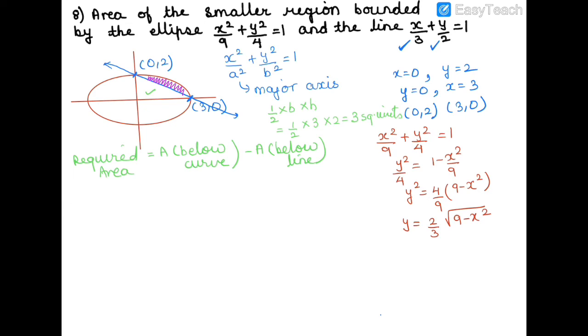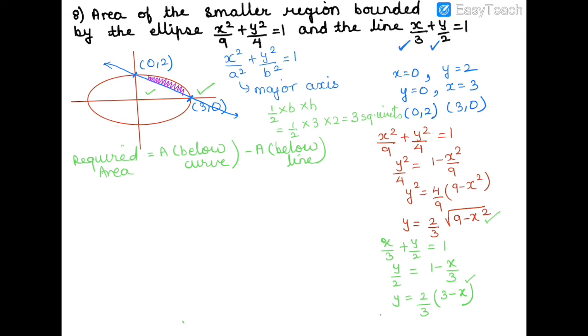And similarly, if I was to find out the line, that's up to me how I want to write it down. But here again I'm showing it to you. For this equation, I get for the line, it was x by 3 plus y by 2 is equal to 1. So y by 2 is equal to 1 minus x by 3, which means y is equal to 2. And when I cross multiply, taking the LCM, I get this as the equation of the line. And this is written in terms of x. And so I should put the limit of x.